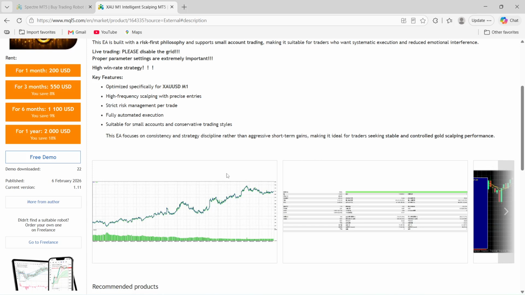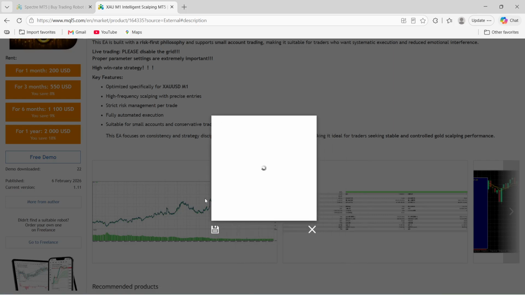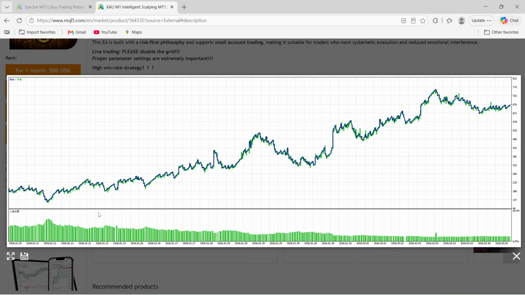Alright, so we can see some of the screenshots here on the developer site. Let's have a look. You can look at their equity curve. You can see some periods of drawdowns, but then overall it trends upwards. You can see decent gains, and it ended much higher than the initial starting points.